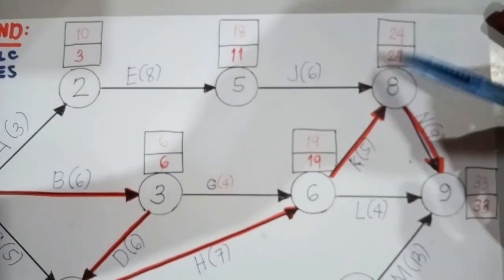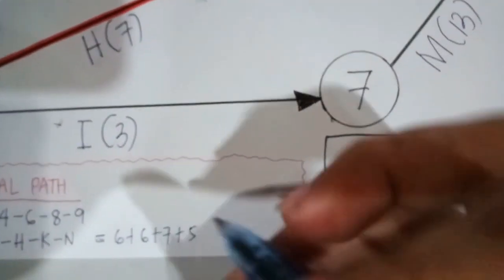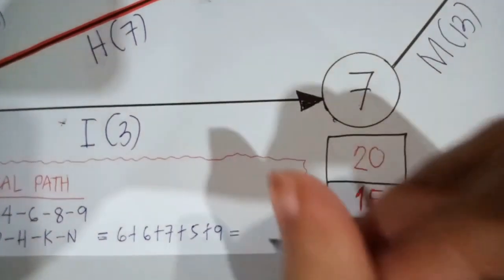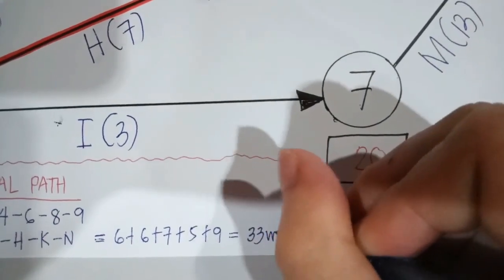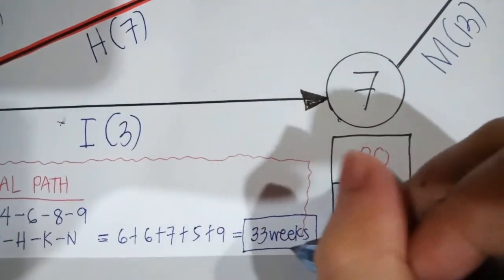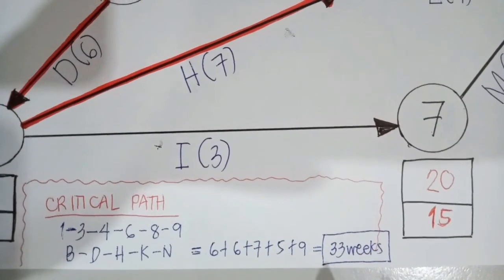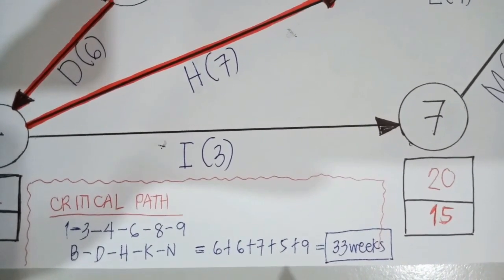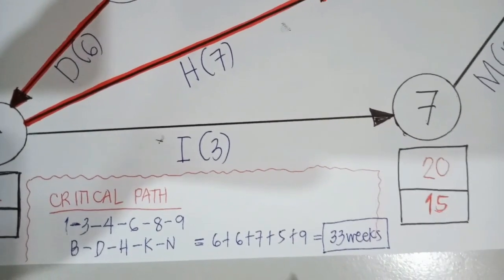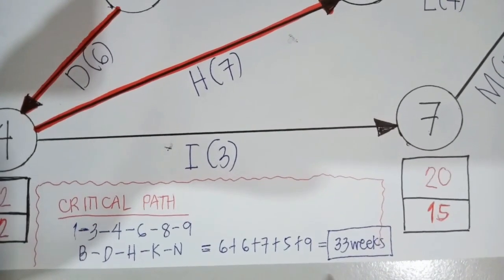And finally, from 8 to 9, you have 9 weeks, so plus 9. Therefore, that would be a total of 33 weeks. So this will be our critical path. This 33 weeks implies that this should be the longest path, and so we can meet our deadline for our particular project that we are currently working on.